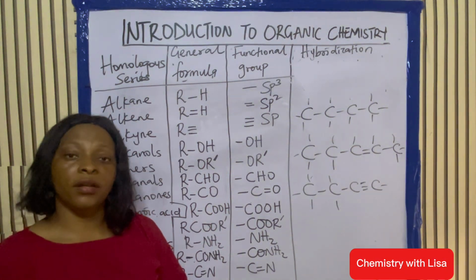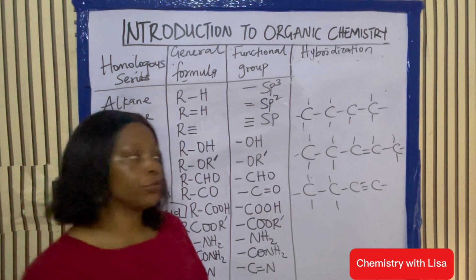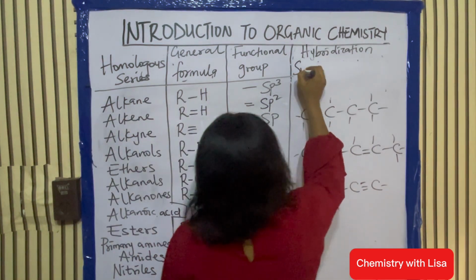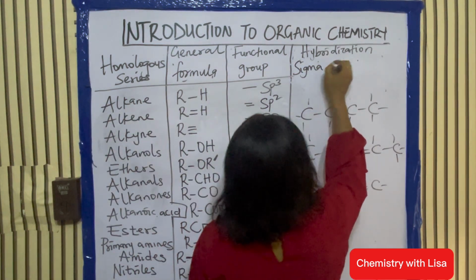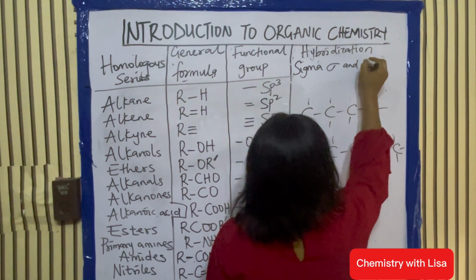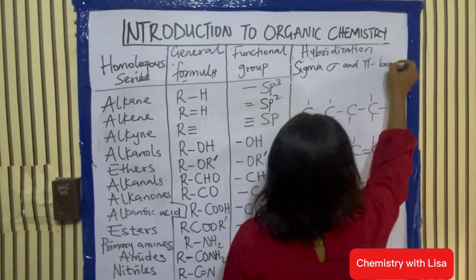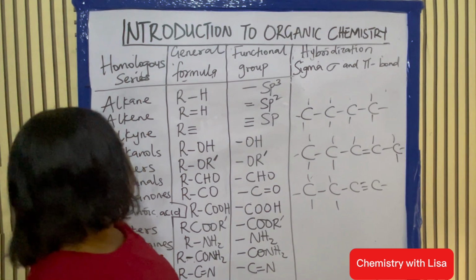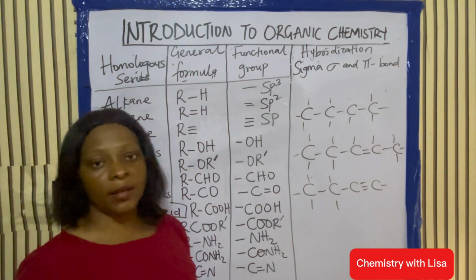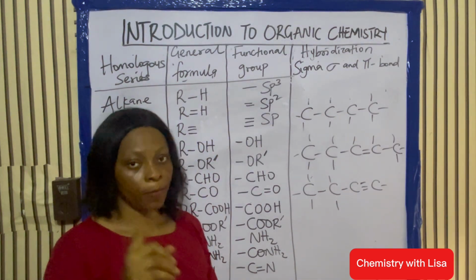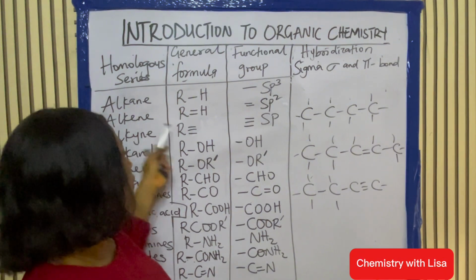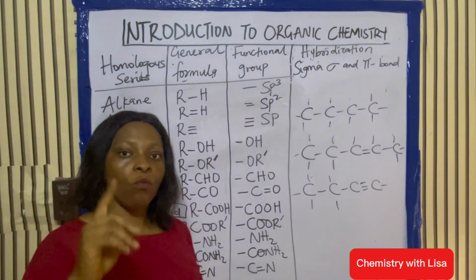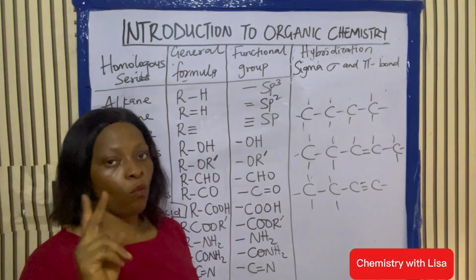So the last but not the least is how to find sigma and pi bonds. Okay, so now for the alkane family, they have one sigma. Then the alkene family, they have one sigma and one pi.